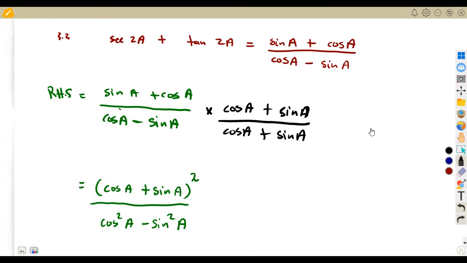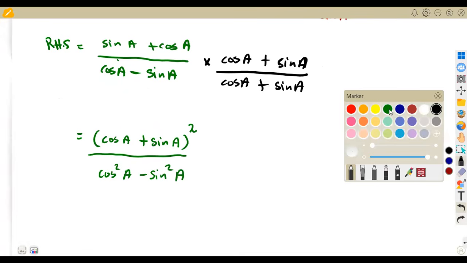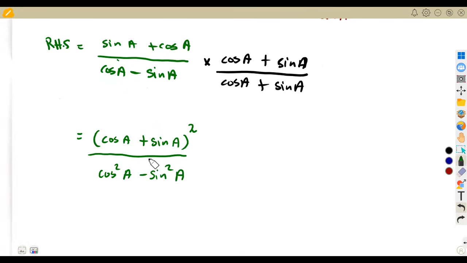All right, so if you expand cos a plus sine a all squared, this is going to give us what? The cos squared of A plus, remember our identity, 2 cos of A sine of A, plus sine squared A. All right, so which identity am I talking about?